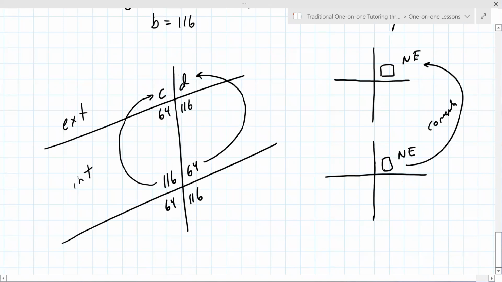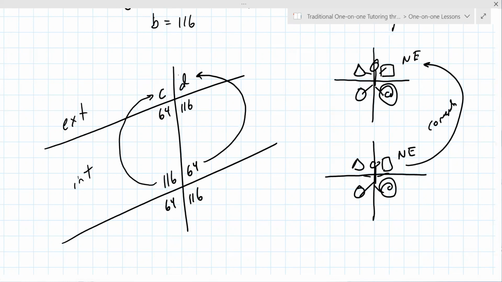If you're standing right there and you're standing right there, it'll always be on your right, or in that top right or top left, and so on. To me, that's what corresponding meant.